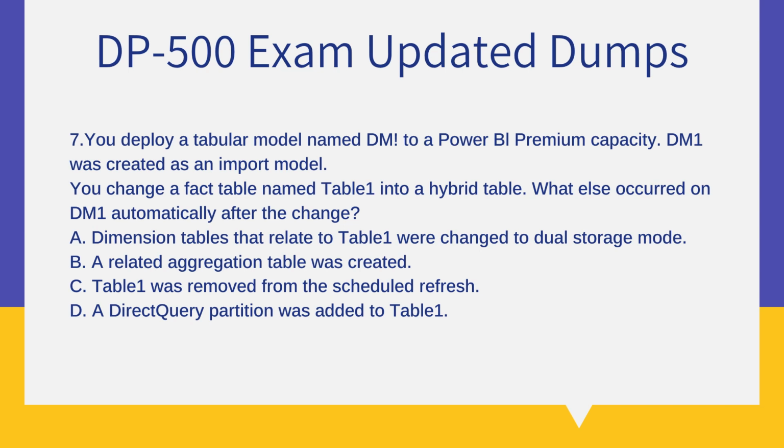A. Dimension tables that relate to Table 1 were changed to dual storage mode. B. A related aggregation table was created. C. Table 1 was removed from the scheduled refresh. D. A DirectQuery partition was added to Table 1.